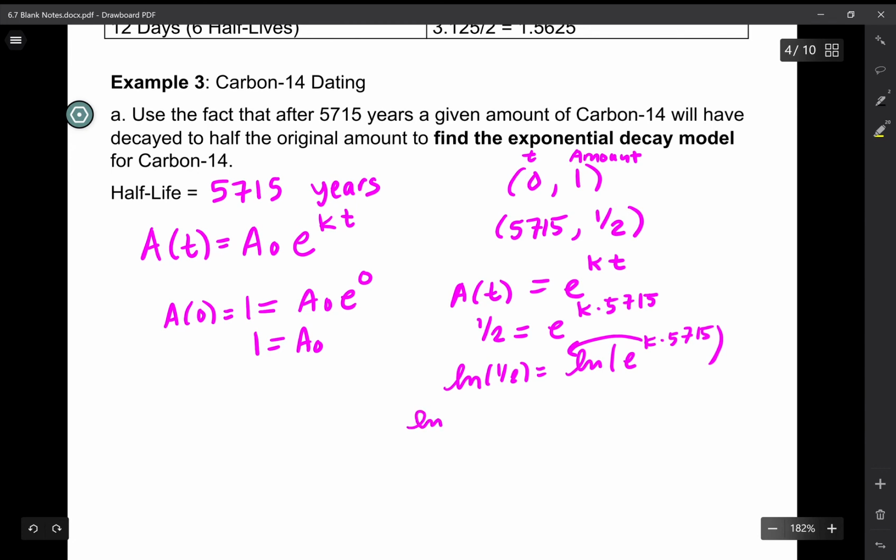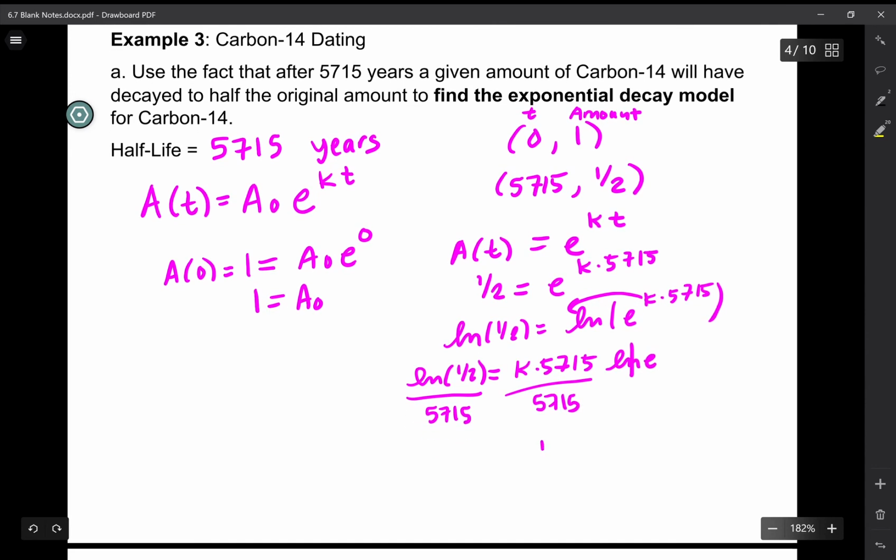We have natural log of 1/2 on the left-hand side, and on the right-hand side we have k times 5715 times the natural log of e, which we hopefully by now know equals 1. So all we need to do is divide each side by 5715. And I got k equals natural log of 1/2 over 5715.